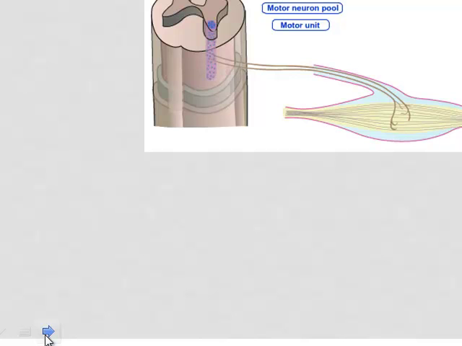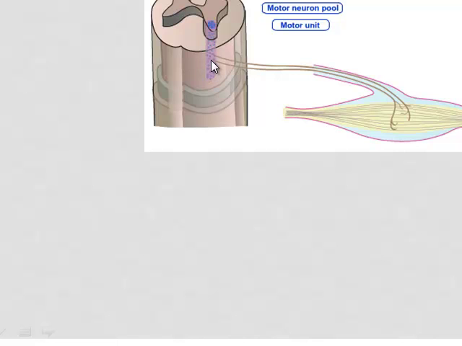Keep in mind that this is a fairly sophisticated process that's going on, and I just want to show you the slide so you can understand what is actually happening. From this cross section, you can see that the neurons are often clustered in a columnar component, which they call a motor neuron pool.